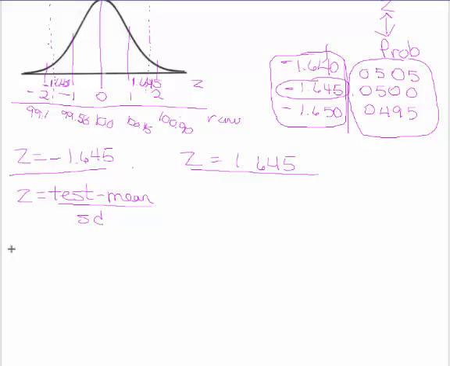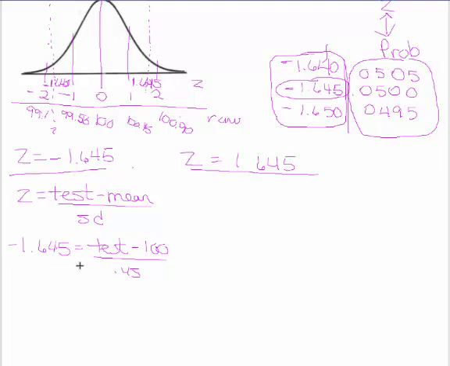Okay, we know our z-score, it's negative 1.645 equals, we're looking for that raw test score that corresponds to that z-score. We're looking for that right there. So we're going to keep that as test, minus the mean, 100, divided by 0.45.